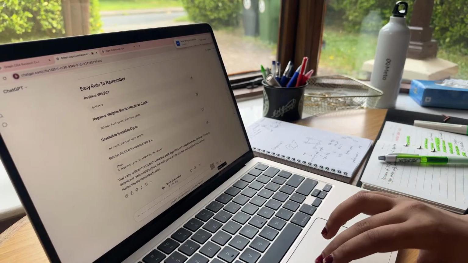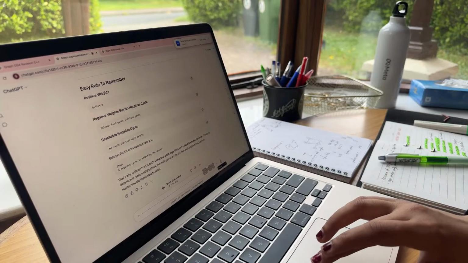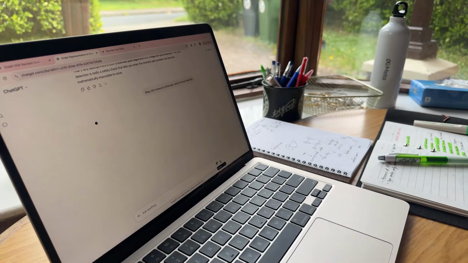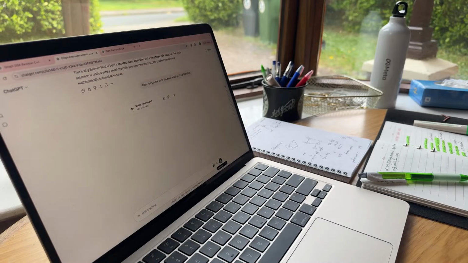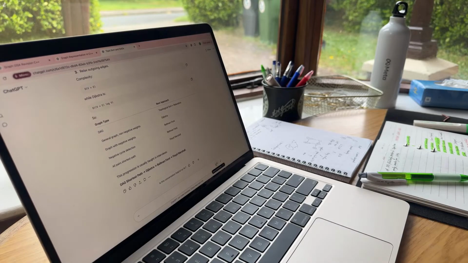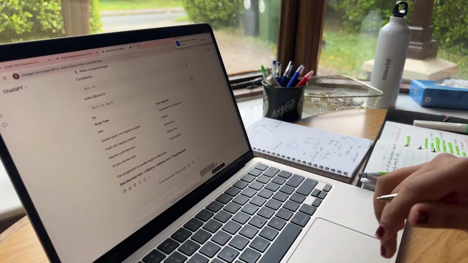Okay, let's move on to the next, which is Floyd-Warshall. Kahn's algorithm is a cycle detection algorithm, and Bellman-Ford is a negative cycle detection algorithm.